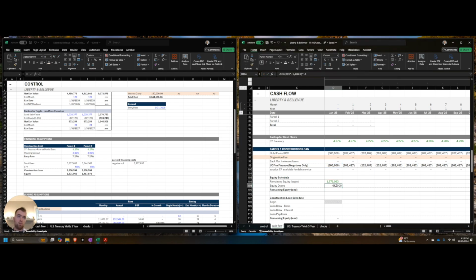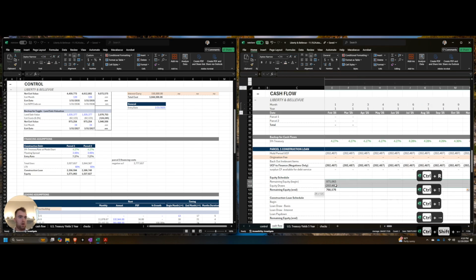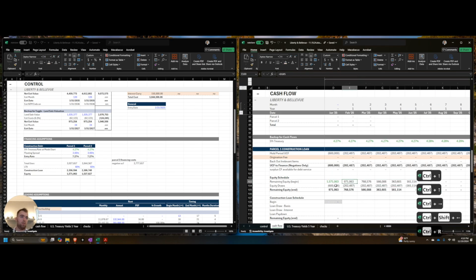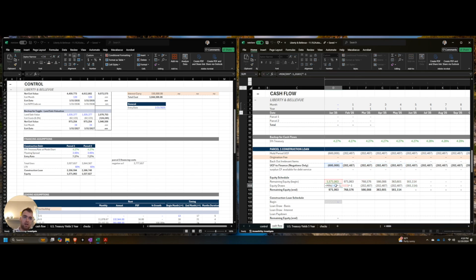And that's because we need to spend our equity first. So we're going to hold on to this equity balance until it's totally spent. And the way this schedule is built, we'll just end it with that min logic. So feel free to analyze that min logic on your own time, but that's how that works.